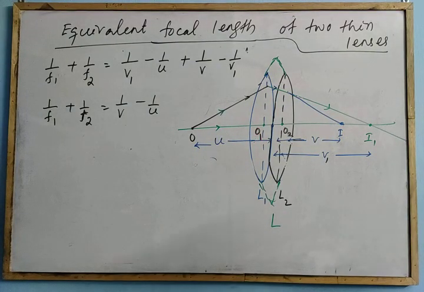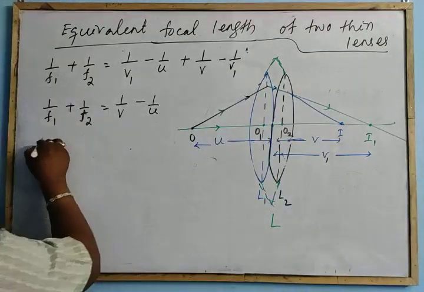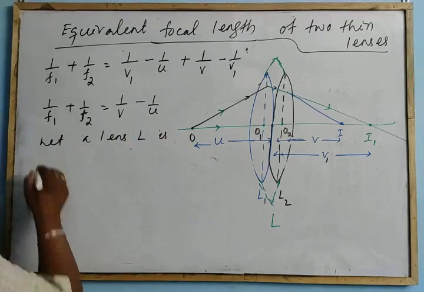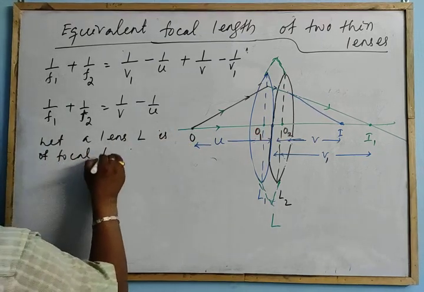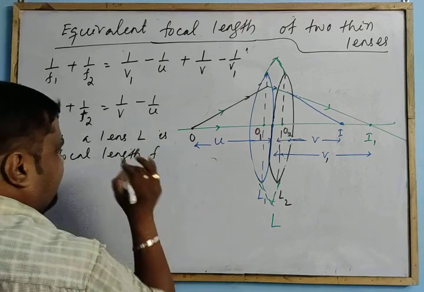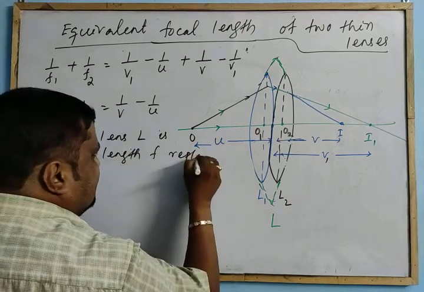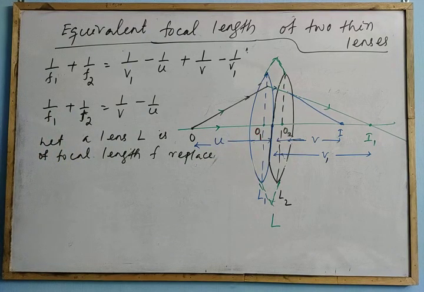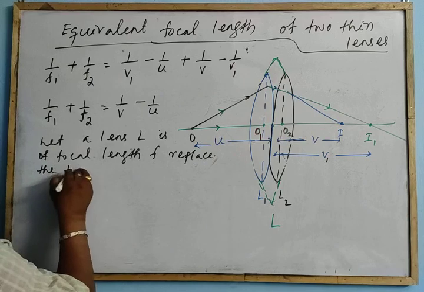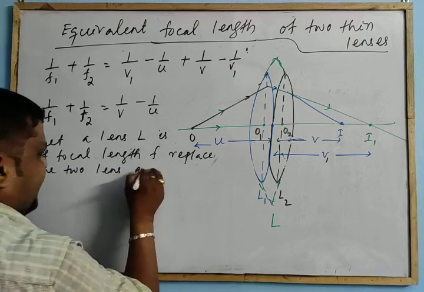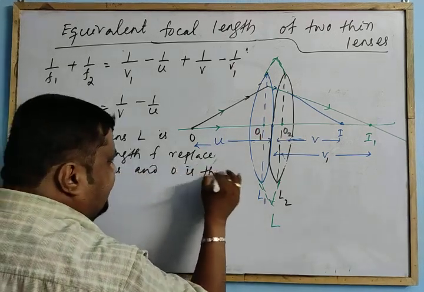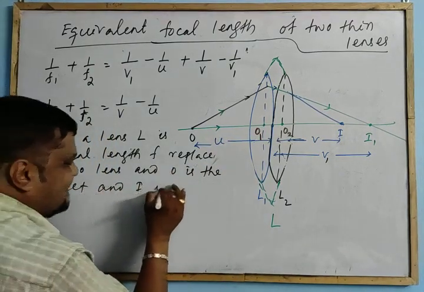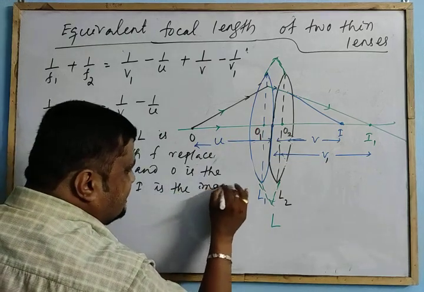Clear? For the combination of the thin lenses, let a lens L of focal length f replace the two lenses, and O is the object and I is the image.